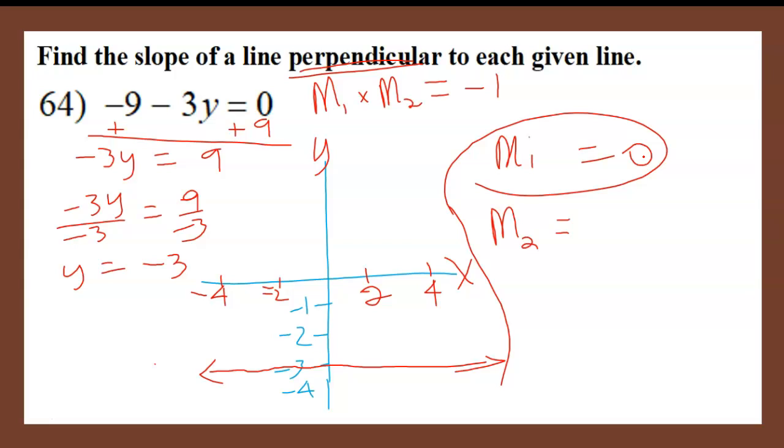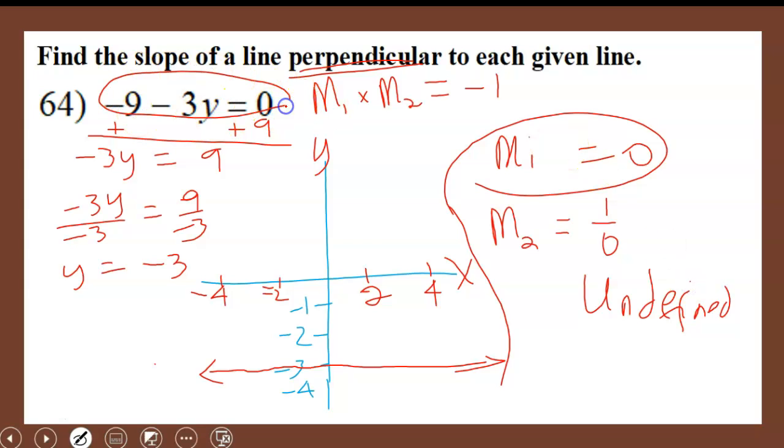That means you flip it. Whatever is at the bottom, if you flip it, it's going to be 1/0, but 0 cannot be in the denominator, so it's actually undefined. So the slope of this line is 0, but the slope of the perpendicular line to this is undefined because the reciprocal changed this to make 0 be in the denominator. Okay.